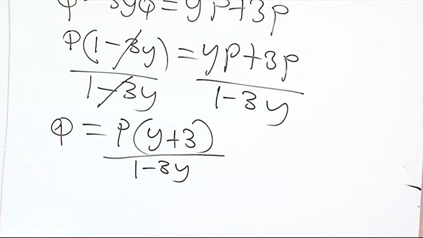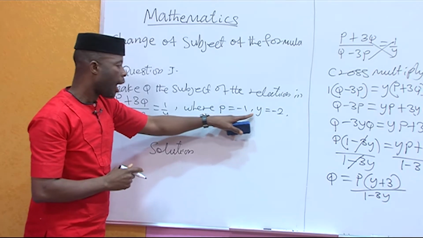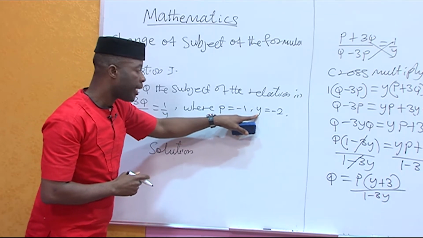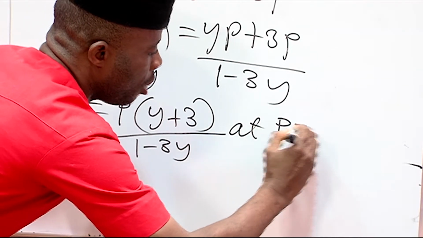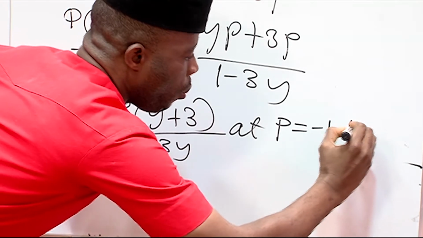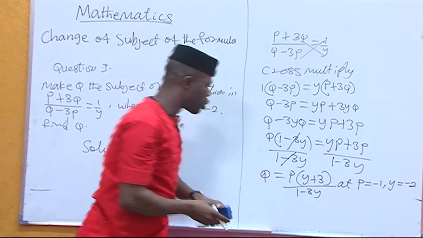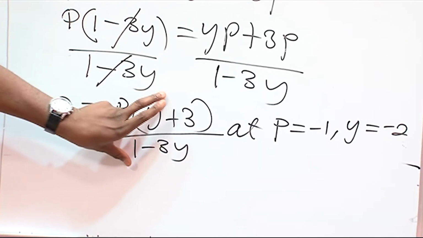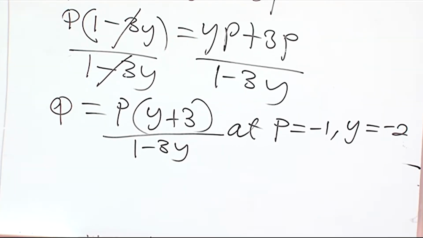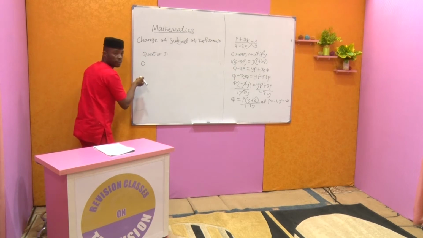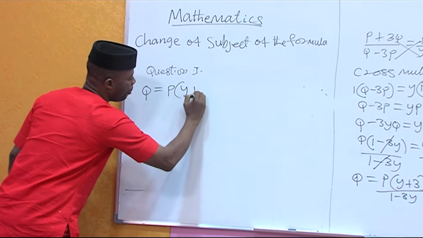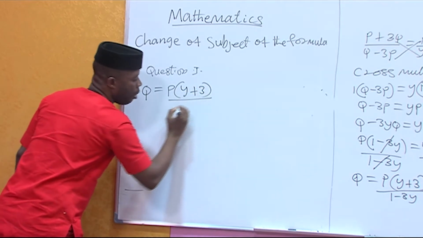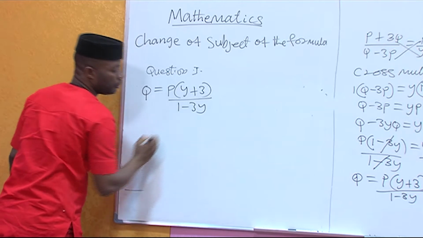But there's a condition that P is equal to minus 1 and Y equals minus 2. So at P equals minus 1 and Y equals minus 2, we substitute these values inside the value of Q. Since we have Q equals P bracket (Y plus 3) all over (1 minus 3Y).